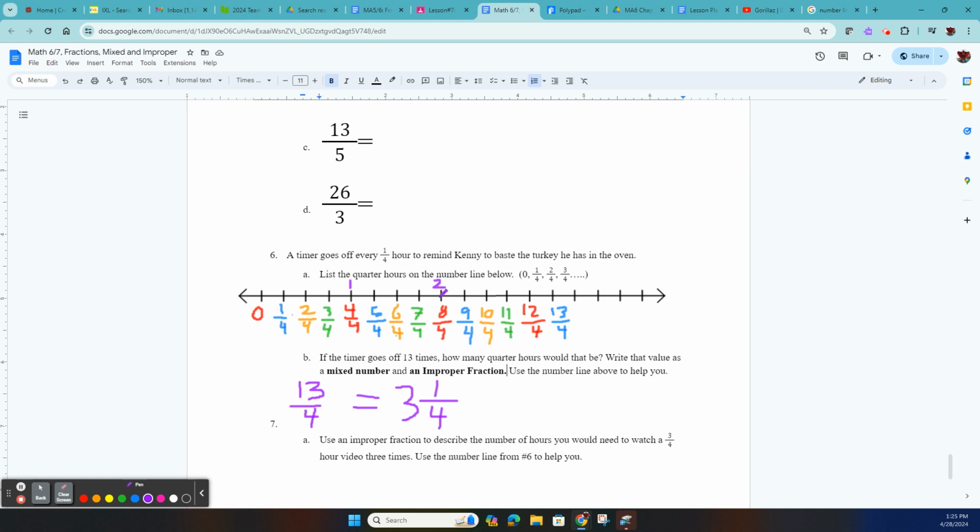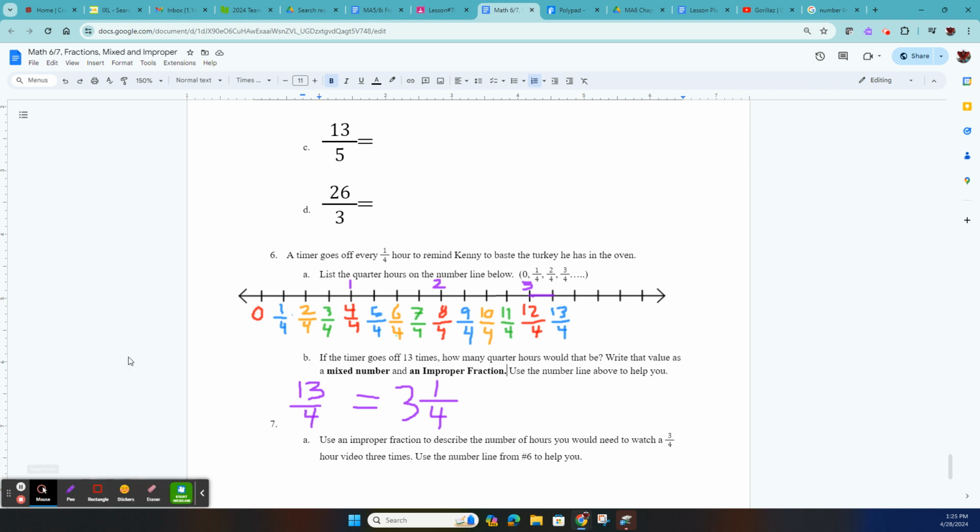And it makes sense that I have to go 1, 2, 3, 4 jumps to get to the next whole hour because we're talking quarters, right? 4 jumps for 4 quarters. So that's 3. 12 divided by 4 is 3 whole hours. And then what do I have left over? 1 more quarter. So I made it 3 whole hours with a quarter. So 3 and 1/4 hours to baste that turkey.